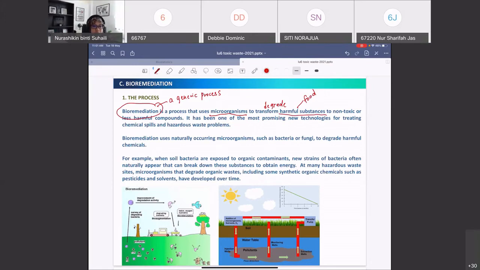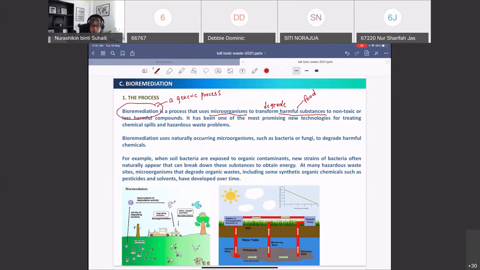That's why they eat it. So that is the science behind it. They eat those substances as food, and metabolize, and produce non-toxic compounds.